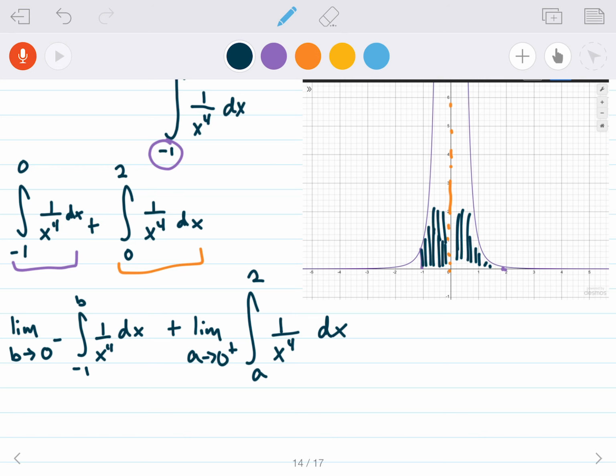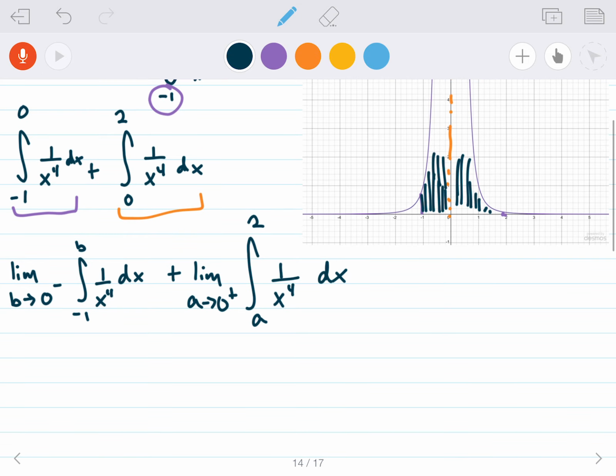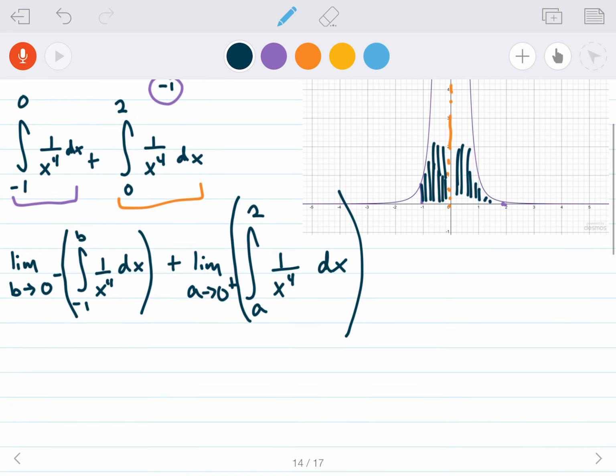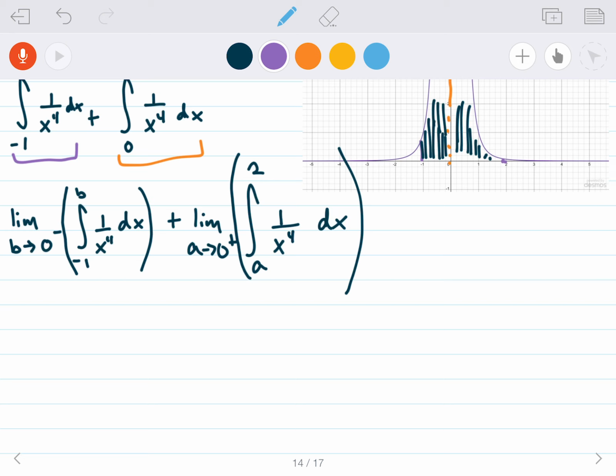All right, so let's see what's happening here. Okay, so let's see this guy and this guy. Well, 1 over x to the 4 is x to the negative 4. The antiderivative is going to be x to the negative 3 over negative 3, right?